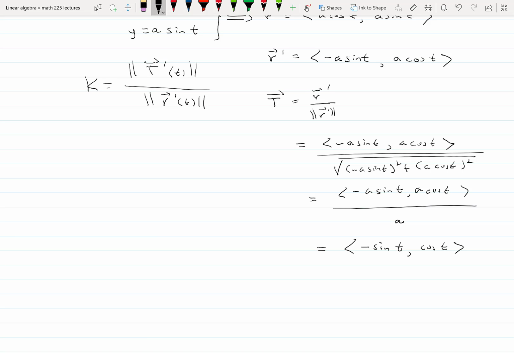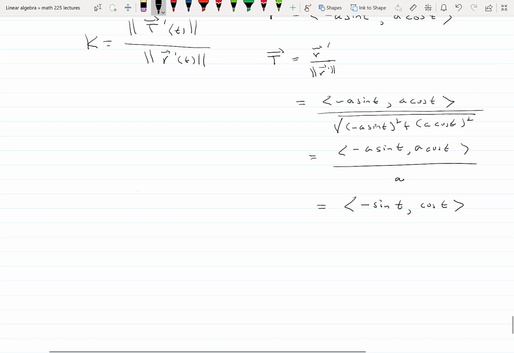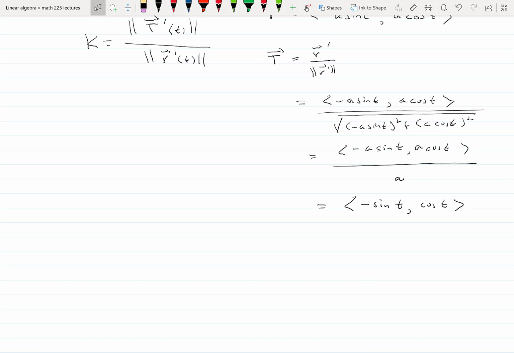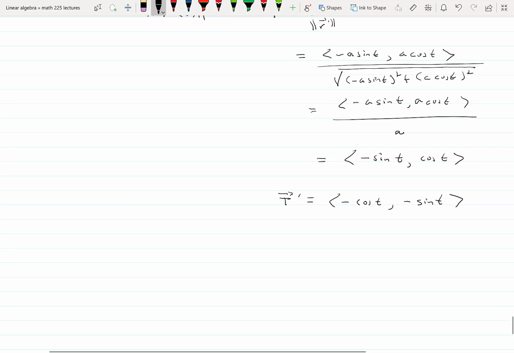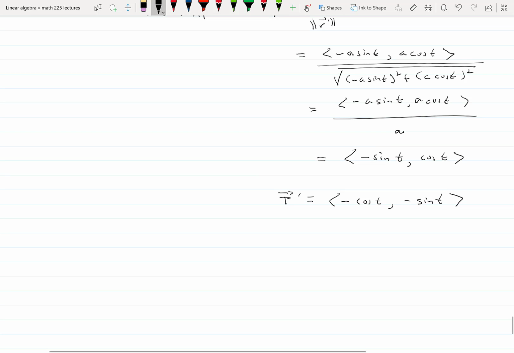Okay, now that's the unit tangent vector. The curvature requires the derivative of the unit tangent vector. So T prime equals negative cosine t, and the derivative of the second component is negative sine t. So there's the derivative that goes in the numerator inside the magnitude of my curvature.